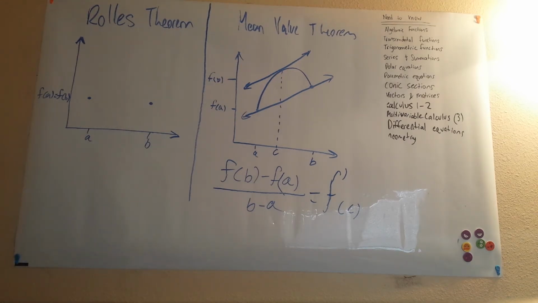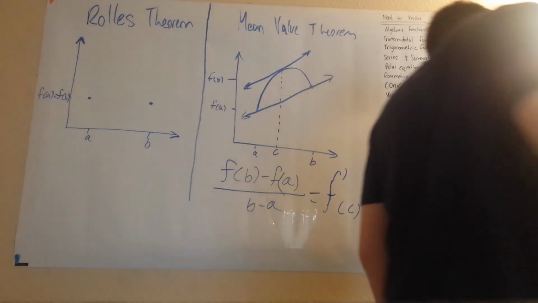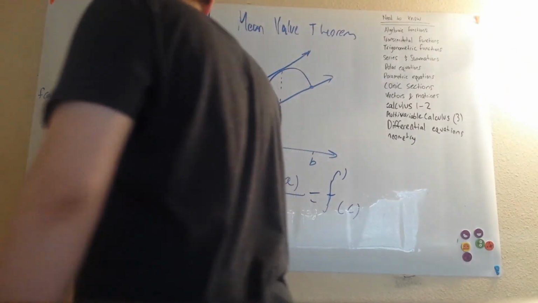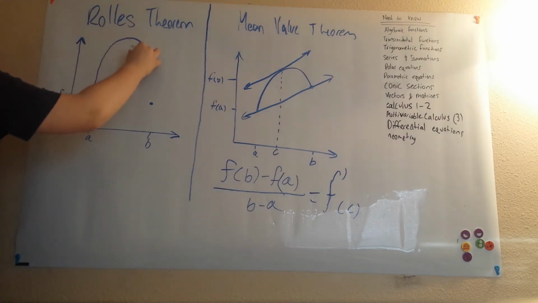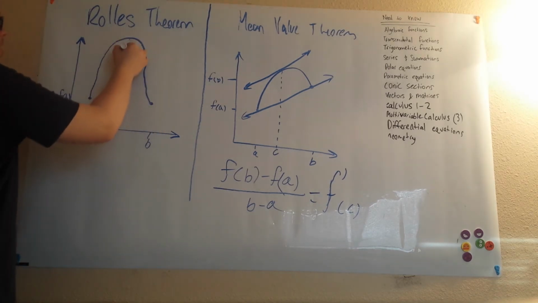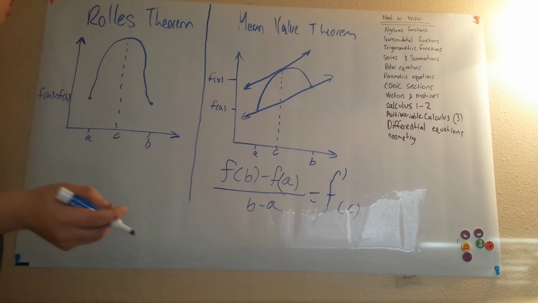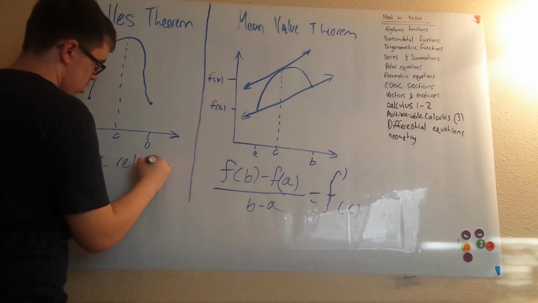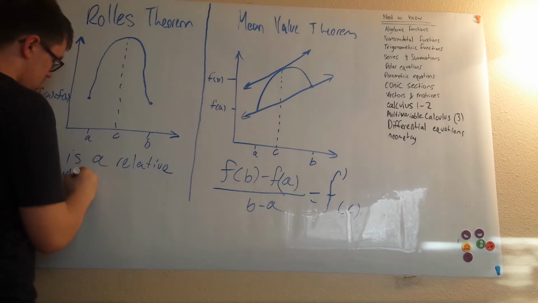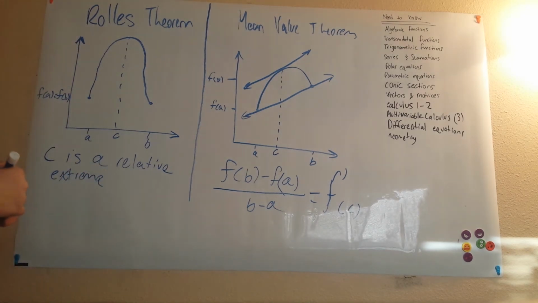And if the function is continuous, draw a function that is continuous, it will guarantee some value c on the interval where c is a relative extrema. It guarantees the existence of such value c on A to B where c is a relative extrema. That's what Rolle's theorem is saying.